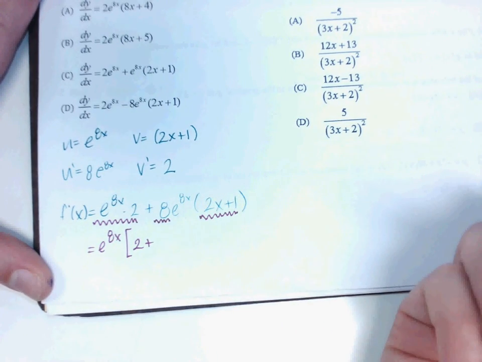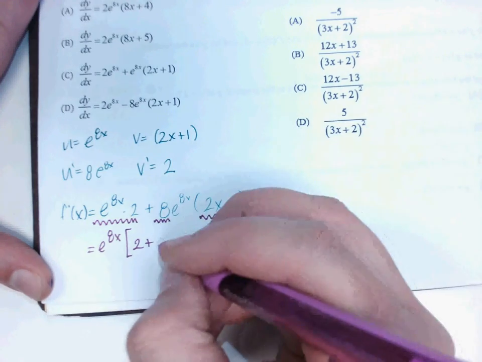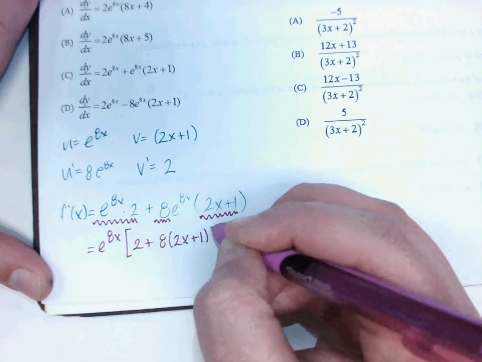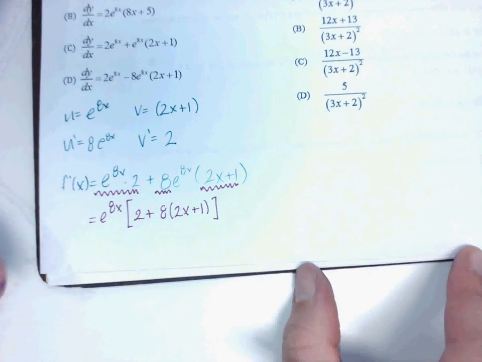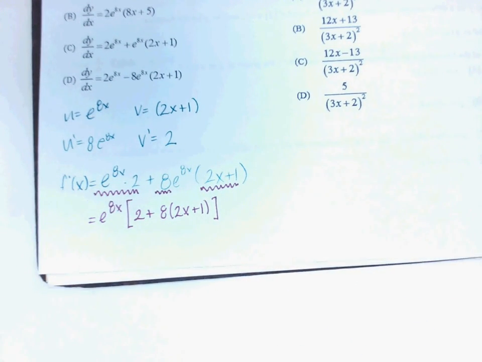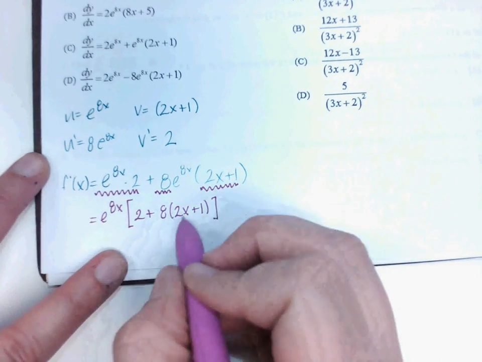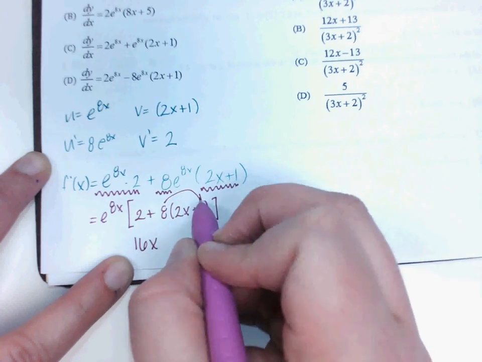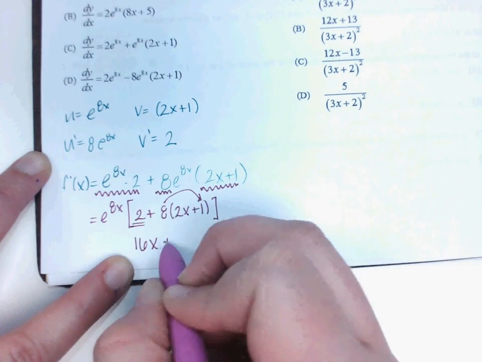So I need to distribute there. So I'm going to write it in 2 steps. You may not have to do this. That's fine. Okay, but I'd have my 8 and my 2x plus 1 left over. Then I'll distribute. So 8 times 2x is how many in here? 16x. And then 8 times 1 is 8 plus 2 more is 10.